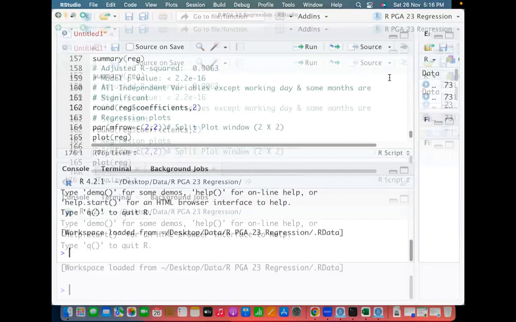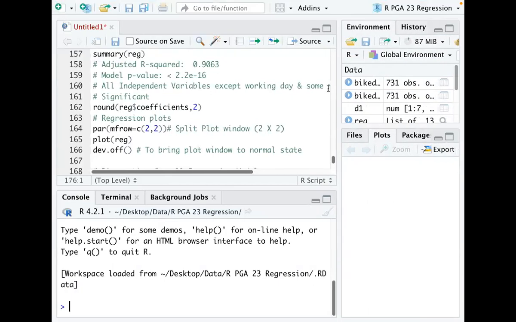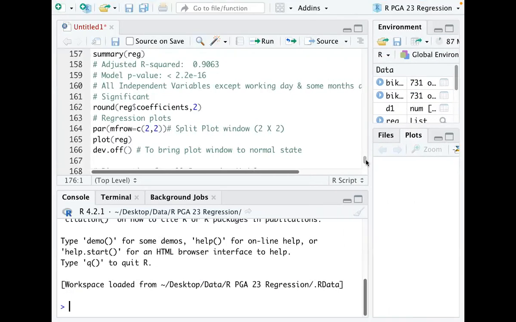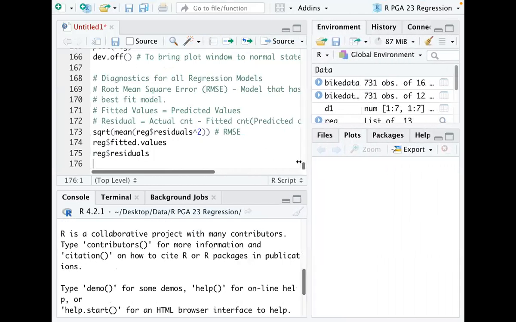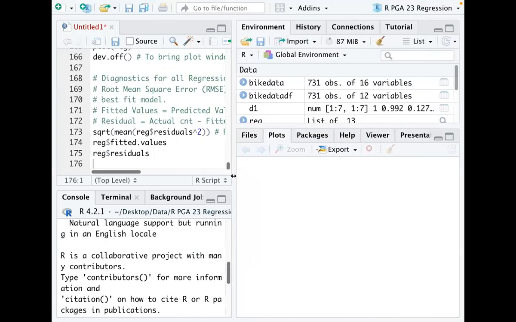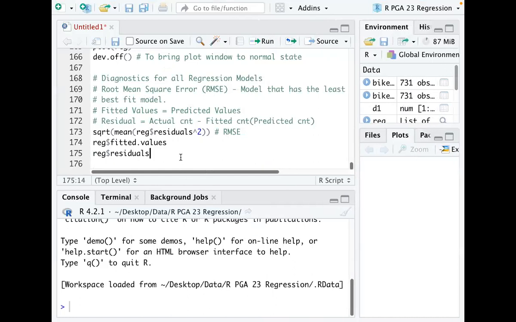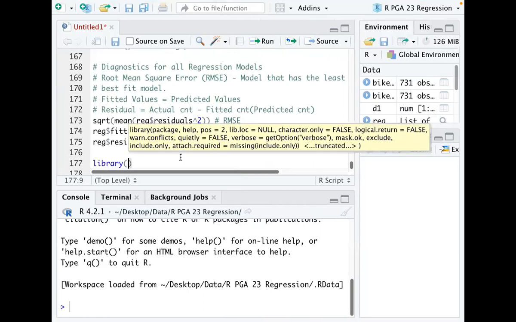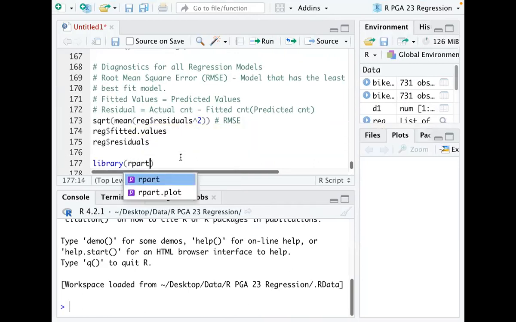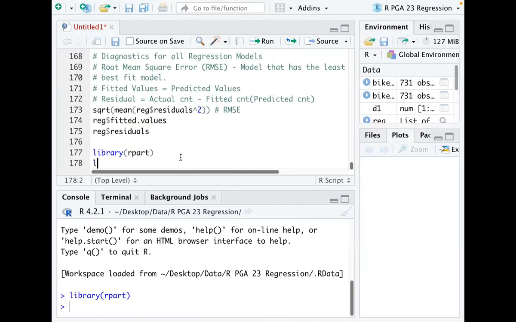In bike data also, I have all the data here, so no need of importing. bike_data_df. library(rpart), library(rpart.plot).